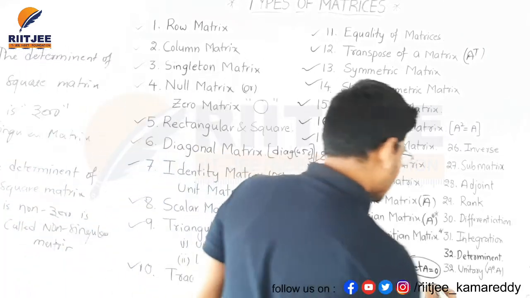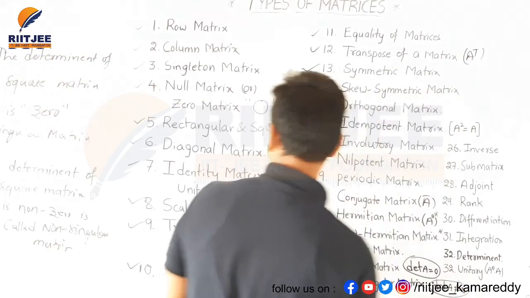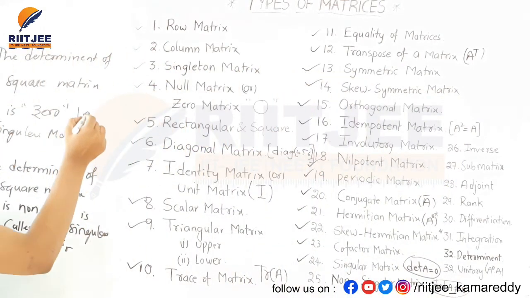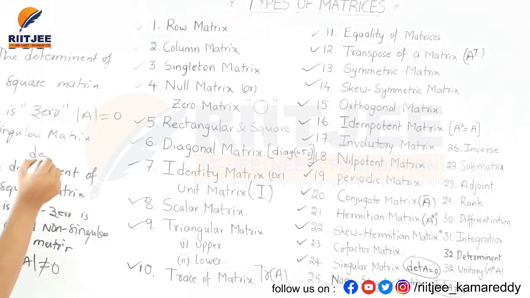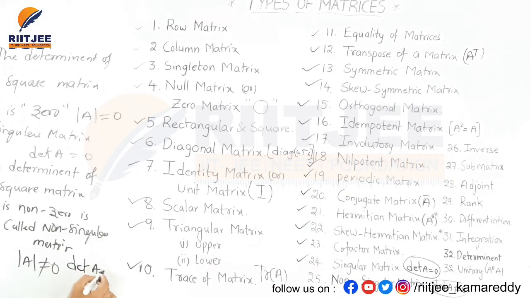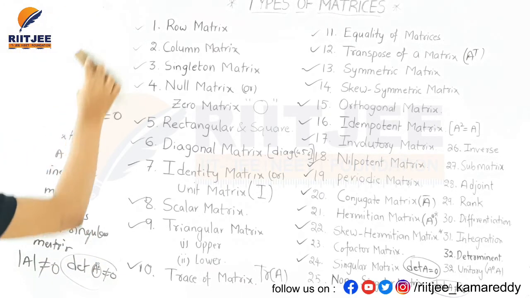For example, here the det of A matrix is not equal to 0. It is denoted by mod A is equal to 0 and mod A is not equal to 0. Otherwise we can write det of A is equal to 0 and det of A is not equal to 0. Here A is any matrix. This is all about singular and non-singular matrix.